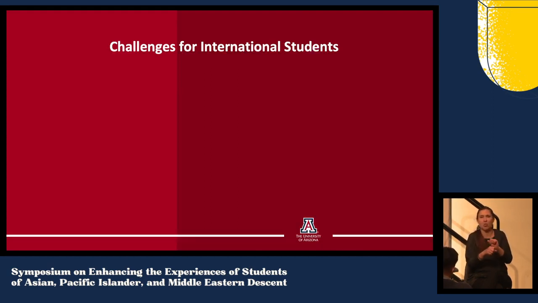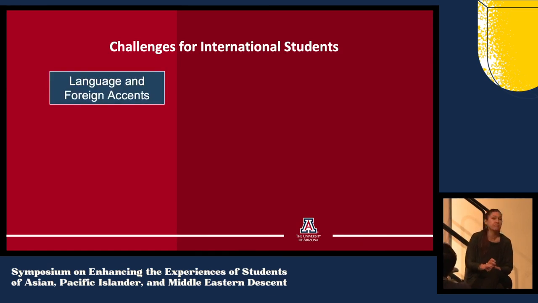So let's hone down a little bit more and talk about the challenges for international students. I think if we were to go around this room, you could name them all. I'm just going to go over some of the broader categories of the challenges. And especially when we want to distinguish internationals from the domestic APIMED population, of course, language is the number one issue, especially from China, from East Asia, but even foreign accents.